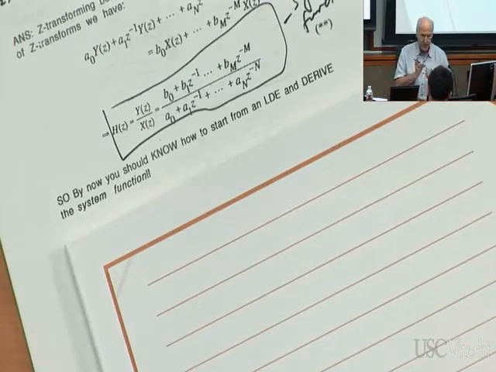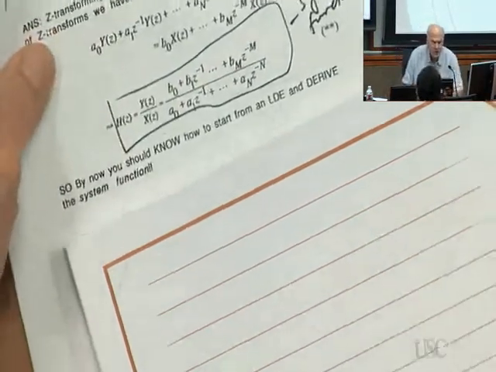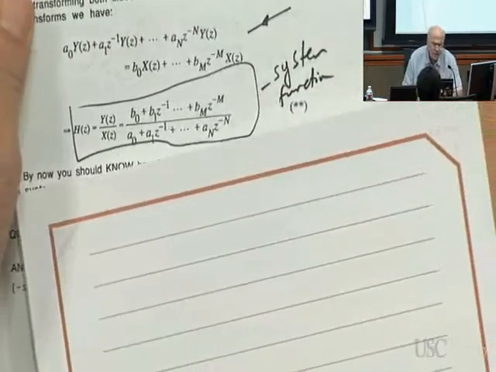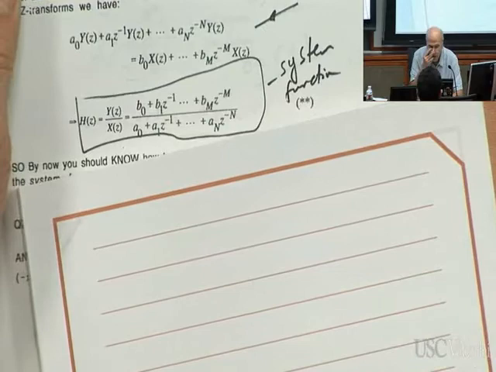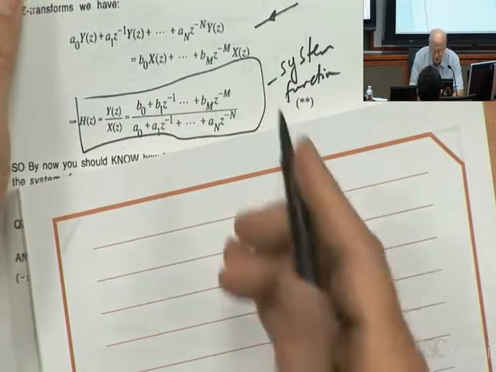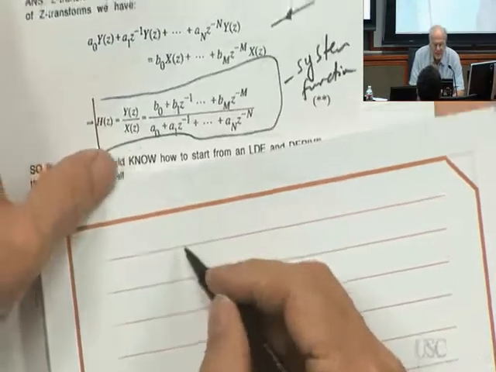I've talked to a couple of students who have used convolution. That's fine, but if you want to use the filter function, once you get used to it, it's pretty simple.